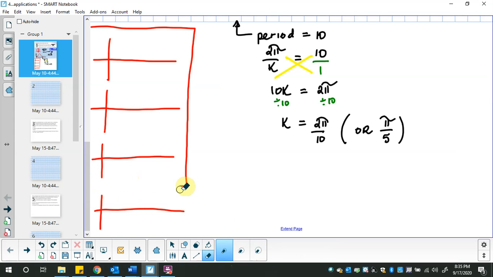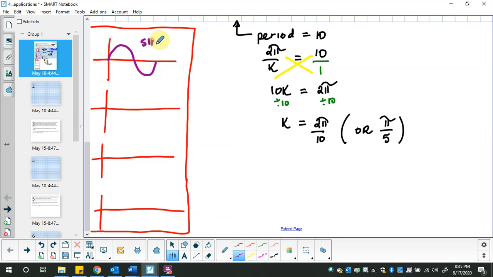Let me just fix this. So, I'm going to put the curve in purple. You have a curve that looks like this. And I hope you recognize that that is the sine curve when your A is positive.